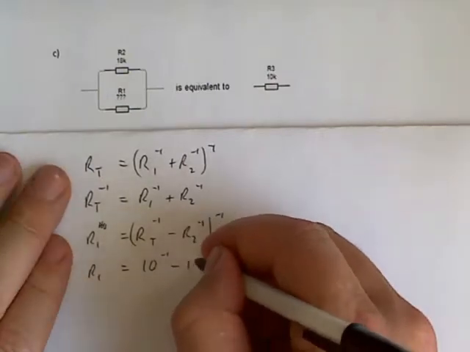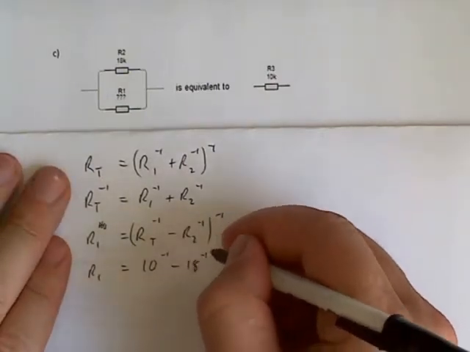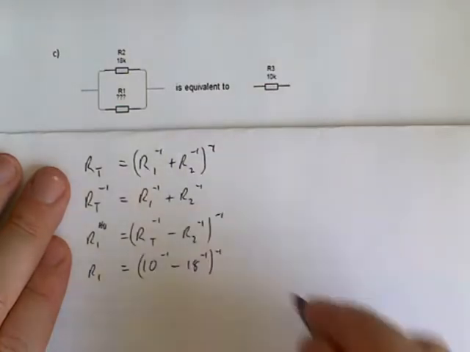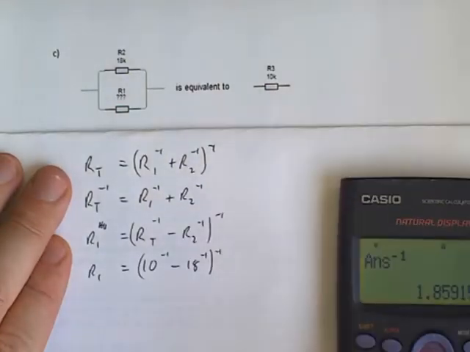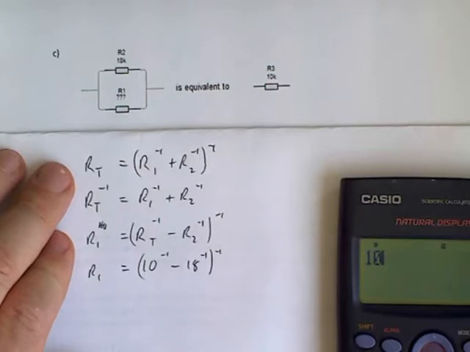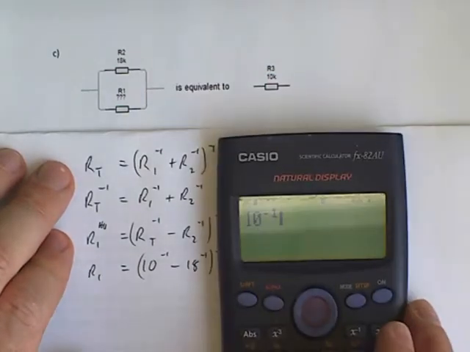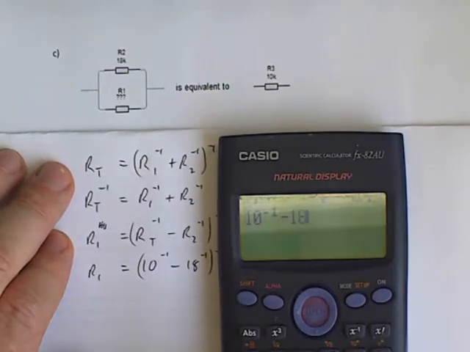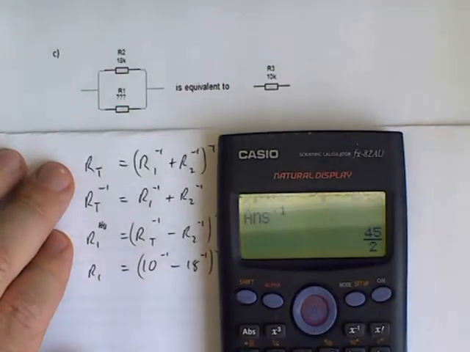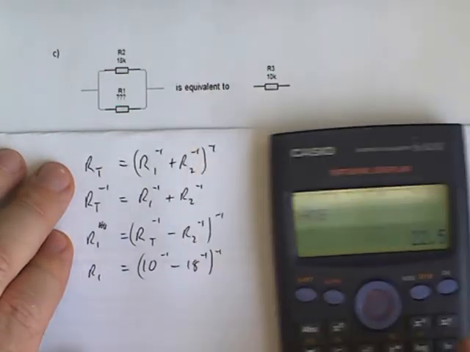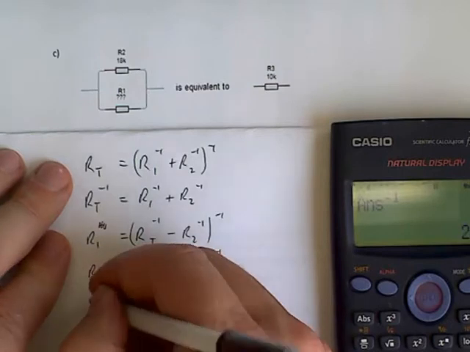minus 18. So I've got 10 reciprocal minus 18 reciprocal, and I'll take the reciprocal again and I get 22.5k. So R1 equals 22.5k.